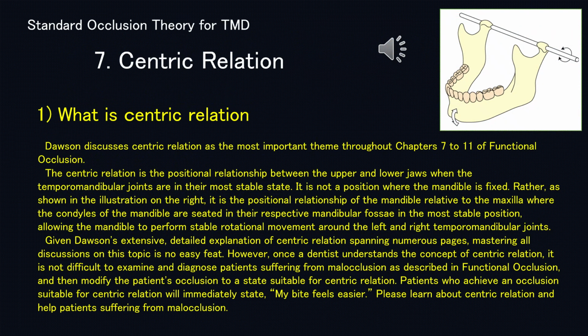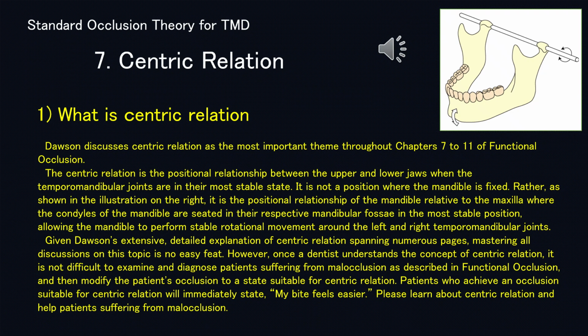1. What is centric relation? Dawson discusses centric relation as the most important theme throughout chapters 7 to 11 of Functional Occlusion. The centric relation is the positional relationship between the upper and lower jaws when the temporomandibular joints are in their most stable state. It is not a position where the mandible is fixed.